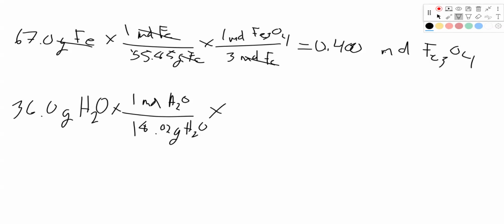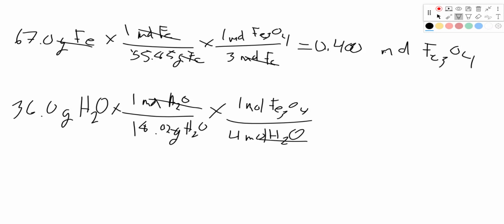So I'm going to look back at that equation, and for every 1 mole of Fe3O4, there are actually 4 moles of water. So again, moles of H2O cancel, grams of H2O cancel, and I am left, when I do this math, with moles of Fe3O4.